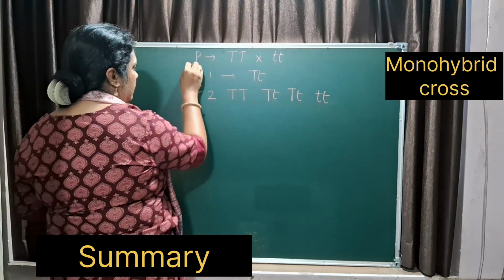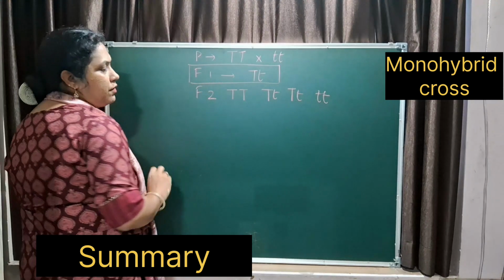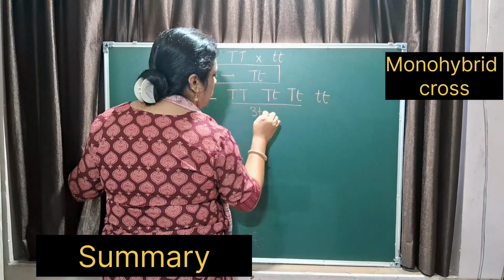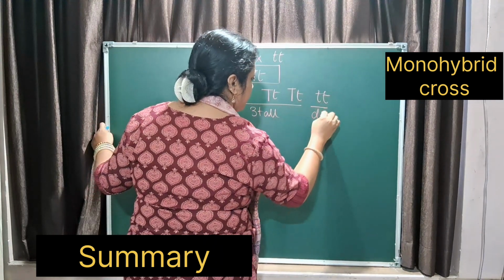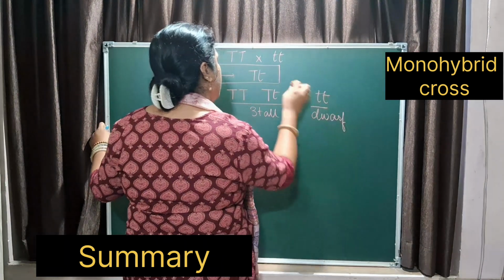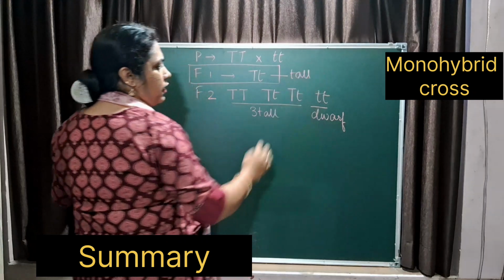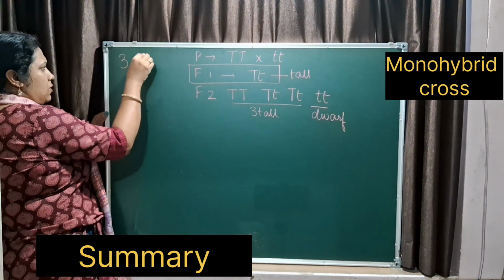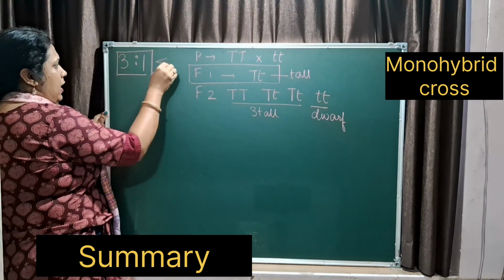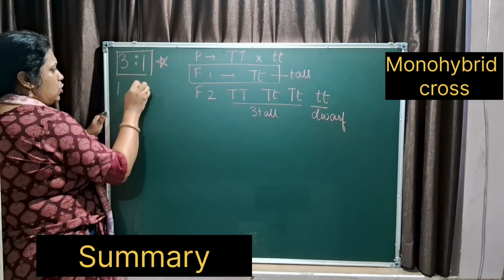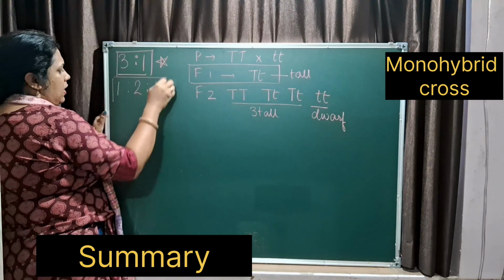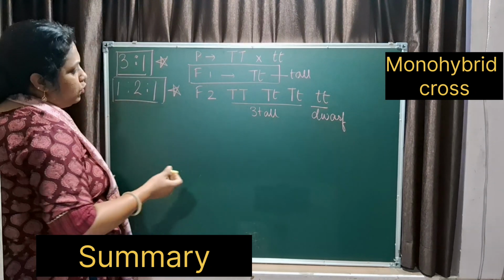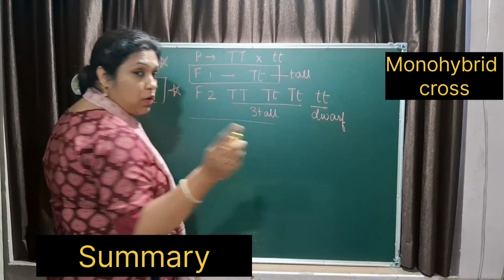In F1, we have all the progenies of the same type, but in F2, we have got 3 tall and 1 dwarf. Here it is all tall, correct? So in this case, the phenotypic ratio is 3:1, important, and the genotypic ratio is 1:2:1, again important.